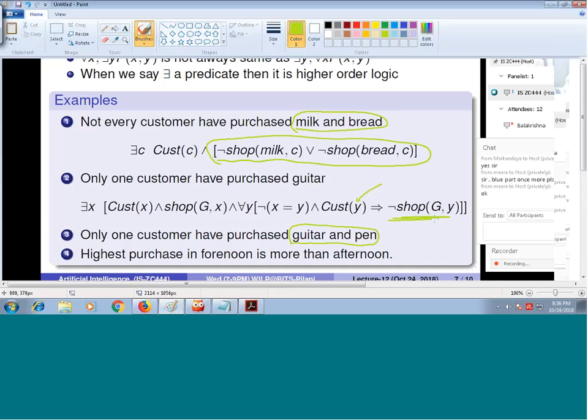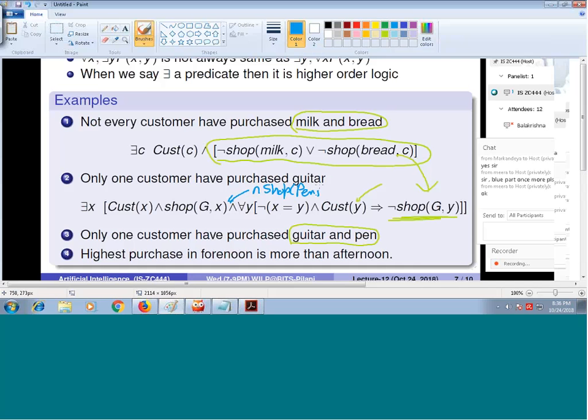The single condition which was there should be changed, so that whenever x is not equal to y, because for the x you say that x has shopped for this, you can include one more thing over here. You can put one more thing, that he had shopped for pen.